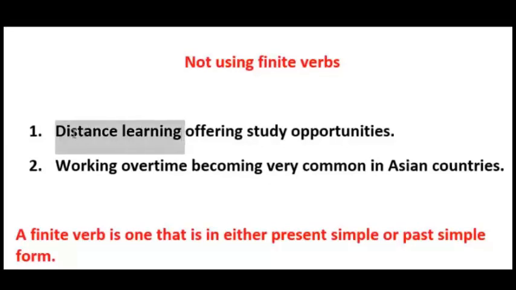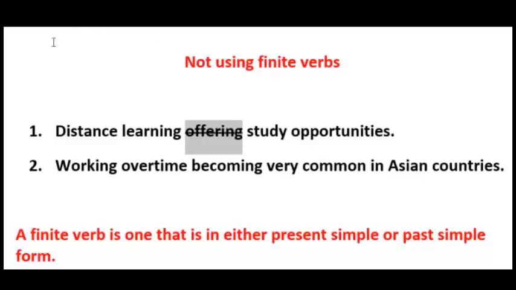So number one, here's the subject, distance learning. Now we have a verb-like thing in the middle, but it's not in a present simple form or a past simple form, so we know it's incorrect. We have to change this into present simple or past simple. So we have to think about the meaning of our sentence. Here I'm trying to make a general point, and therefore I'm far more likely to use present simple.